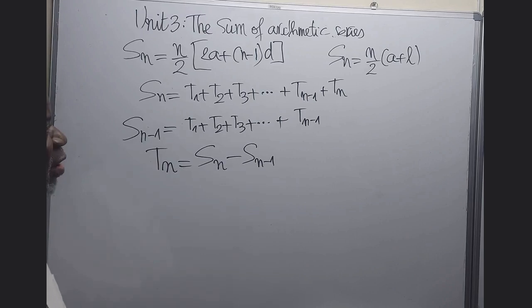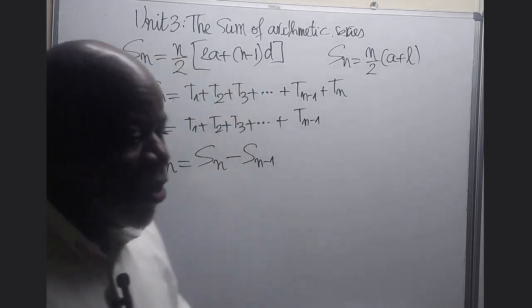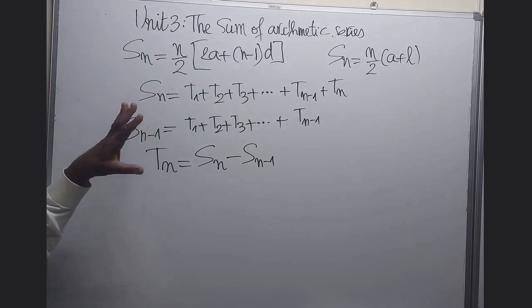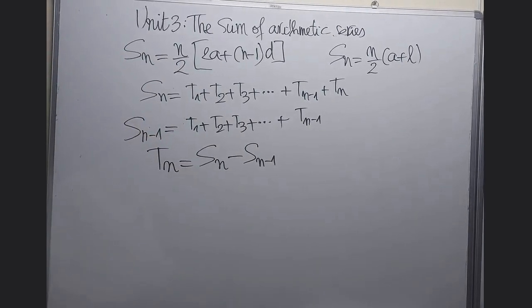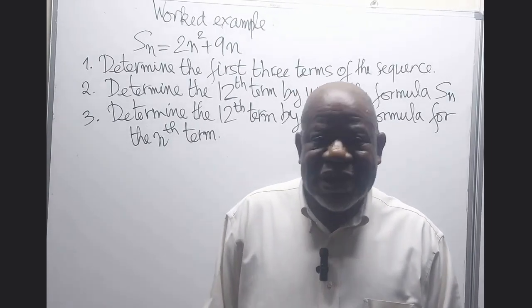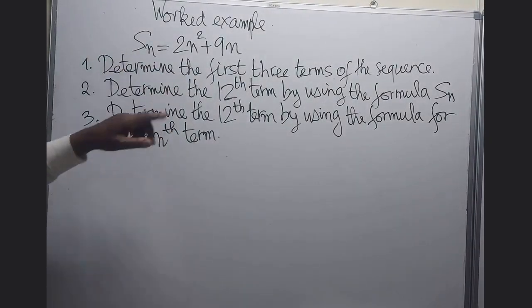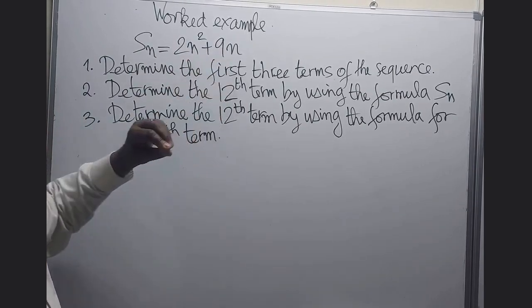So I'm going to clean the board now and take some worked example so that we can understand very well the use of this formula. Here's the worked example. Sn is equal to 2n squared plus 9n.